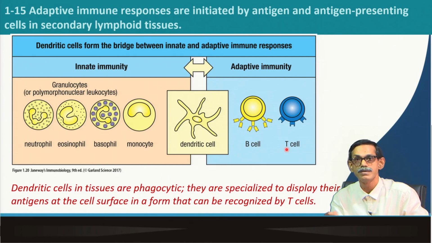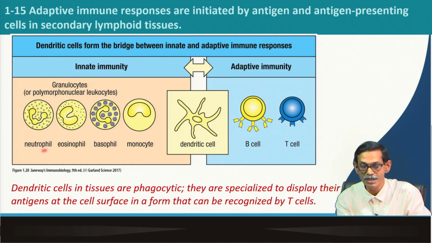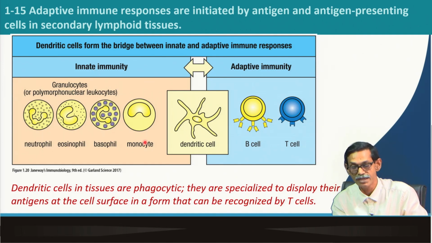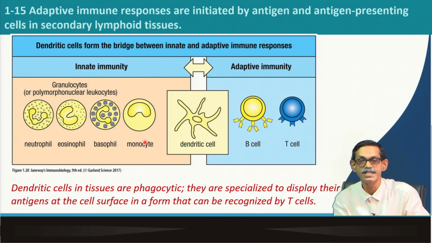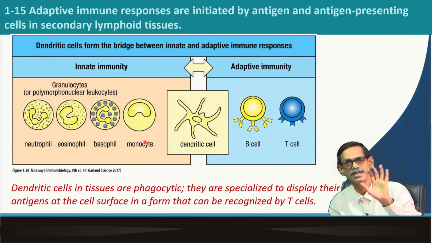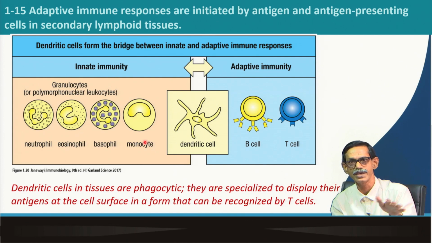Dendritic cells are actually the middle man between innate immunity and adaptive immunity, because in innate immunity what happens? Neutrophil, eosinophil, basophil, monocyte, which in tissue we call macrophage, are taking care, they are eating, phagocytosing, they can kill and digest it, and they release cytokines and chemokines which bring more neutrophils and macrophages.